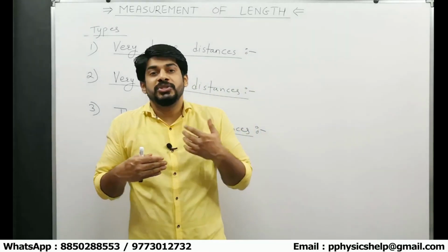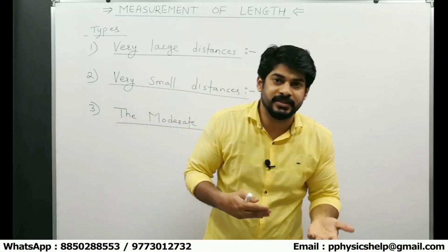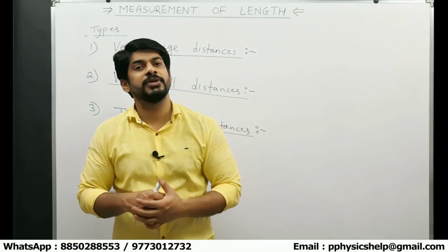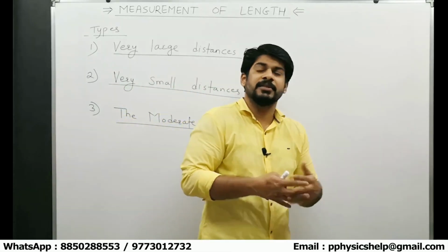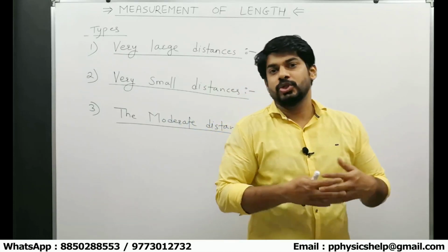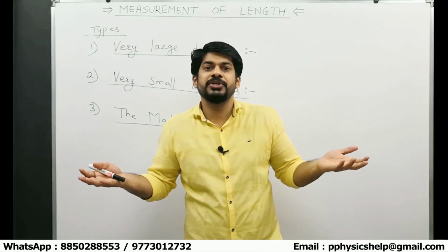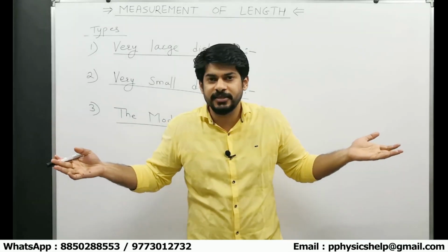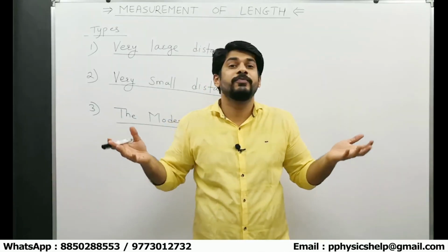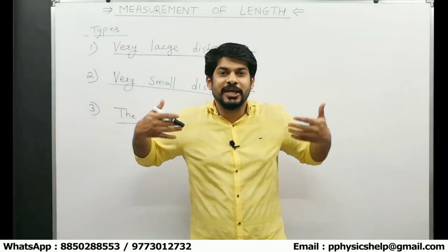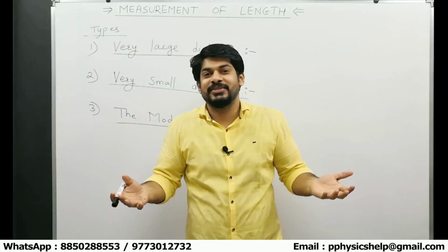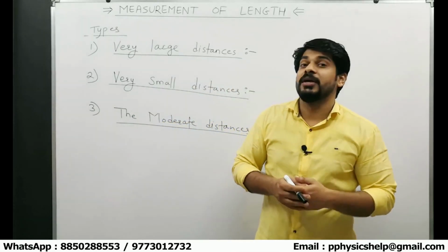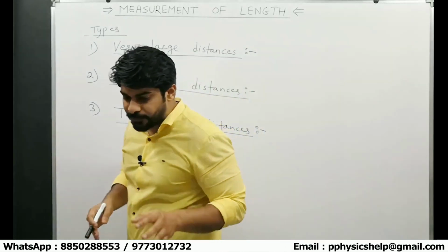So these are all moderate distances, and for measuring such moderate distances we just require normal scales, nothing else. That's pretty easy, and not a big problem for us, because that's moderate, that's average, that's something that is in our hands actually.